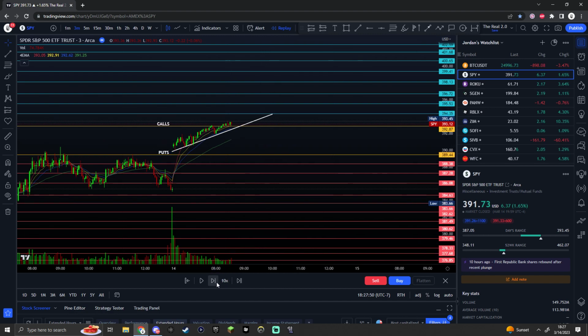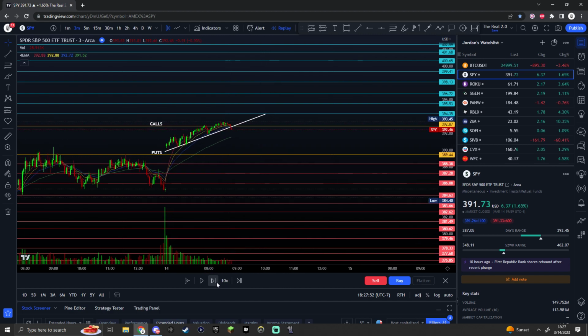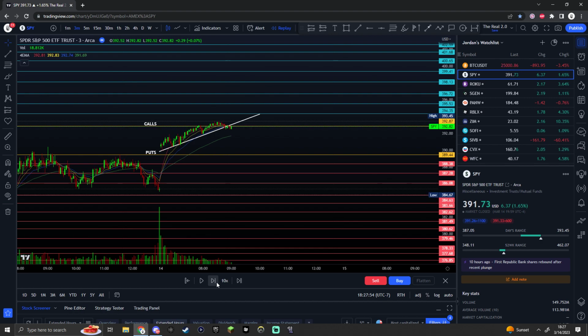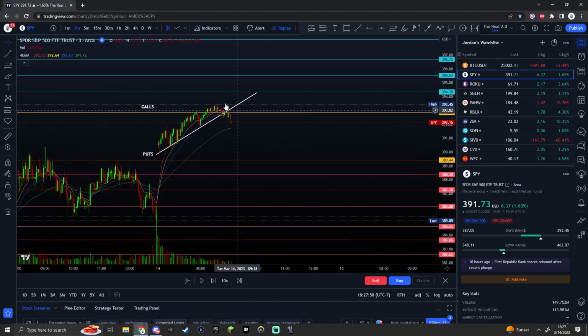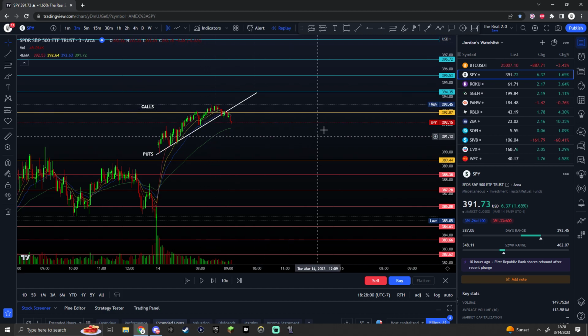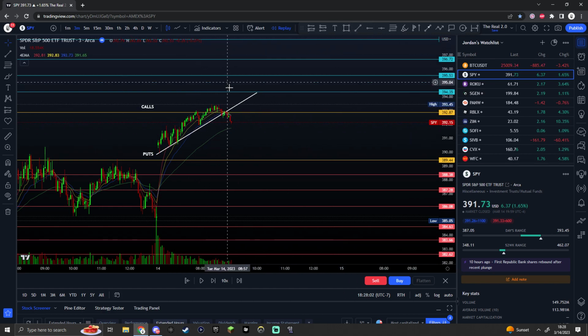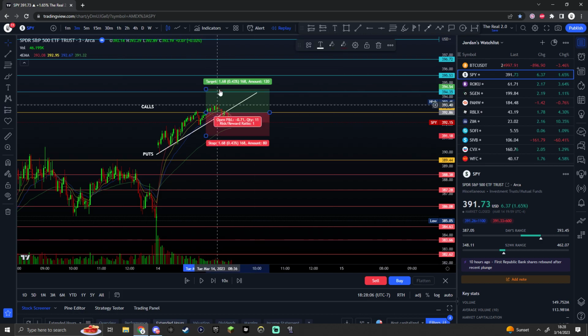So pretty good. We do end up getting that break of trend, so even though it did go above our calls level, it would have been a nice little scalp, but not really.